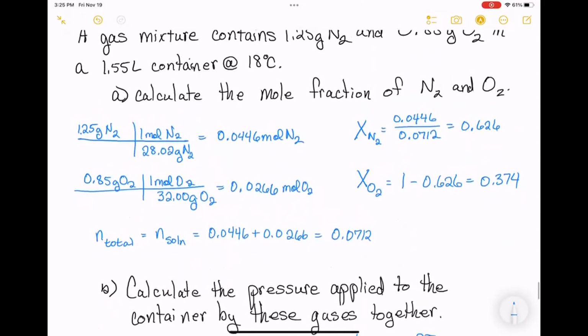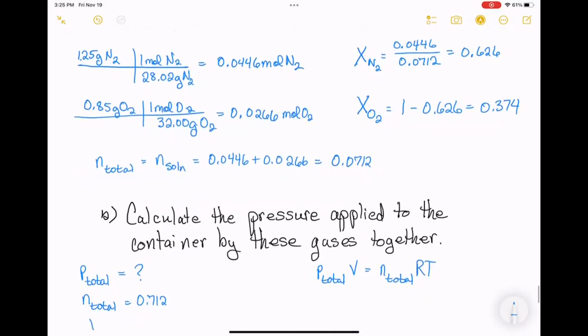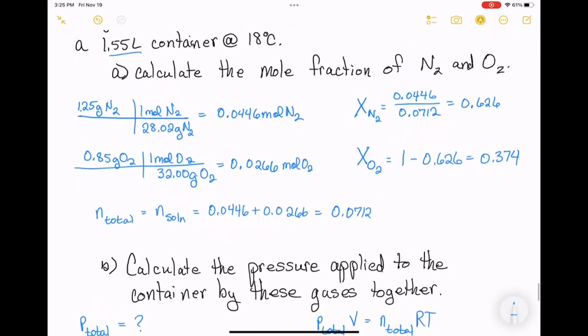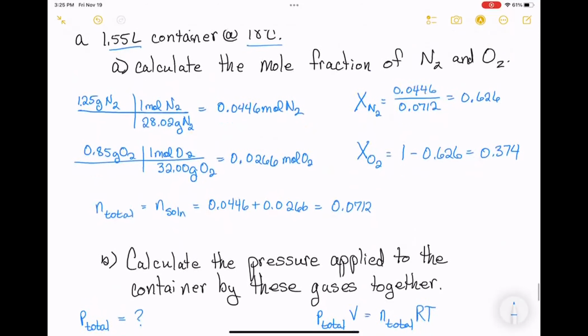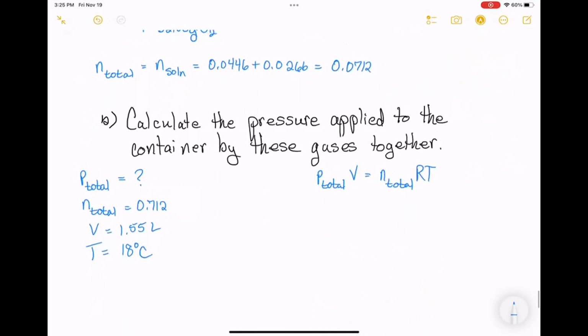Back here, we were told our volume was 1.55 liters. And our temperature was 18 degrees Celsius. To be able to use this calculation, I need an R, which is 0.0821 atmosphere liters per mole Kelvin.